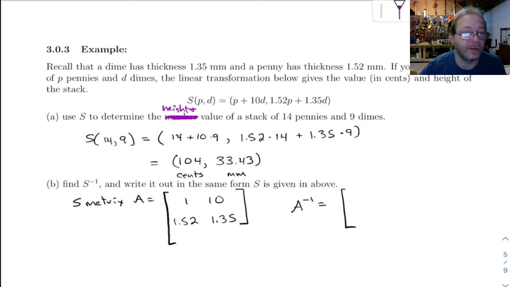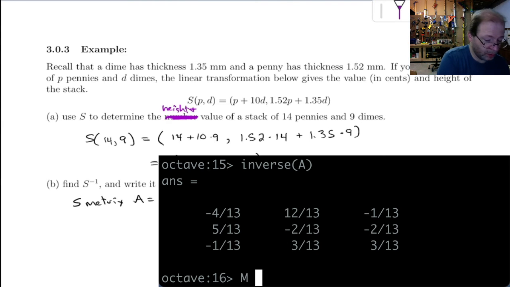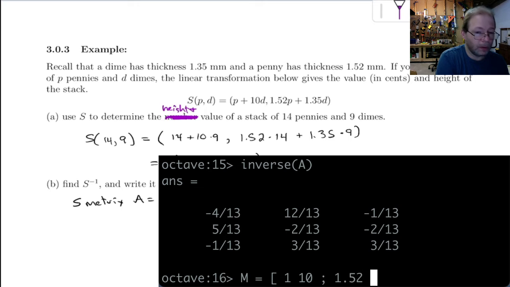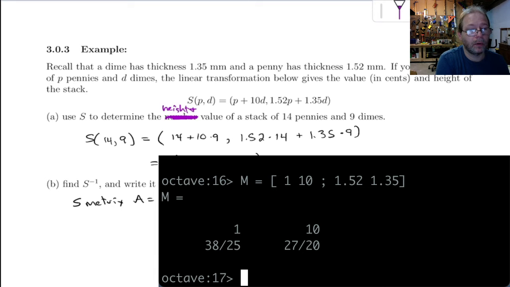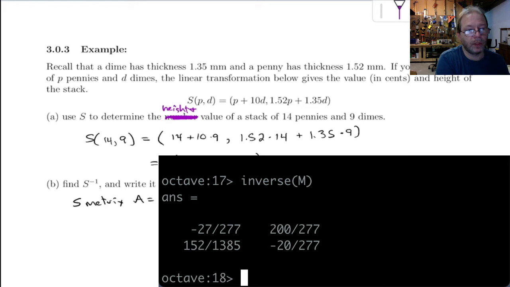So the inverse of this thing is going to be, okay, so the inverse is that.